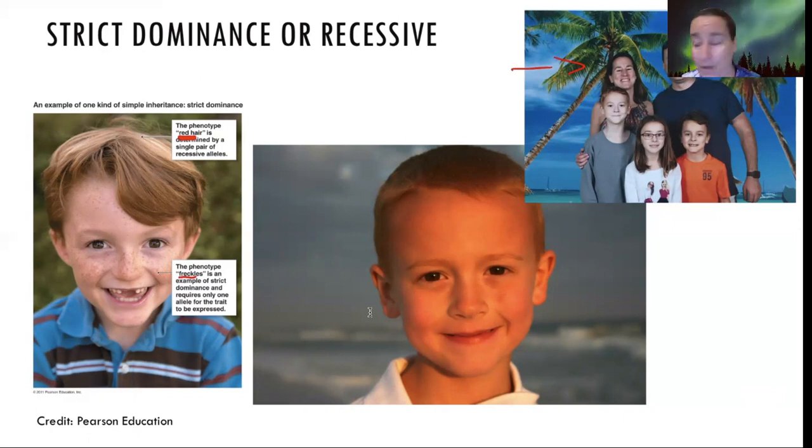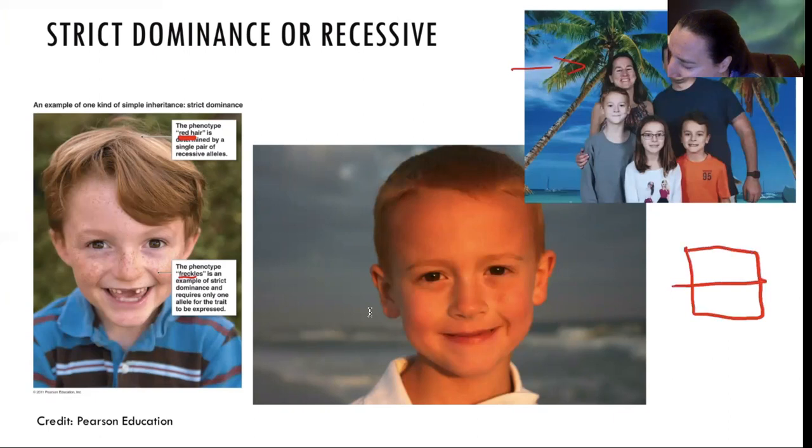Let's make a Punnett square. So I am going to write my Punnett square, and I'm going to put me on top. Here's mom. And we're going to put dad over here. Dad.